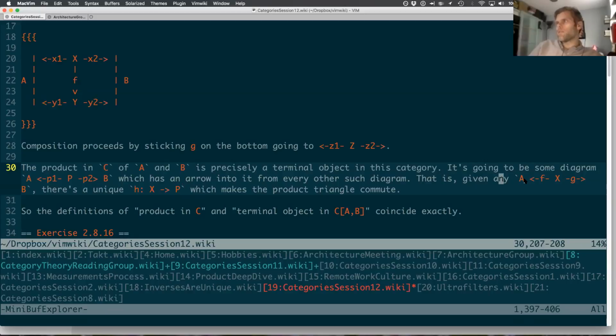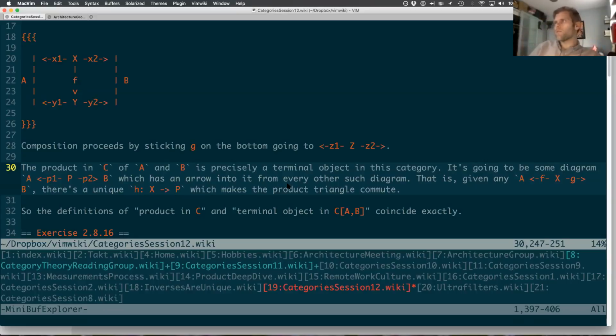And so that's saying that given any x with arrows f and g into A and B respectively, there's going to be a unique arrow from x to p, which makes the product triangle commute.